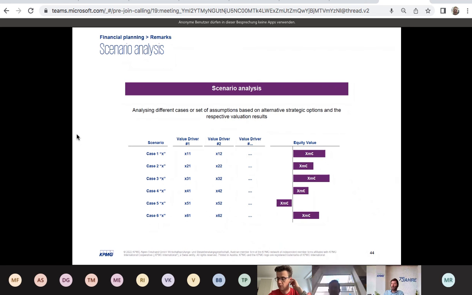Because often you don't really know how, in I don't know, 3 years, the business will perform. And you could do a base scenario, and also, for example, an upward scenario and a downward scenario, or a stress case.